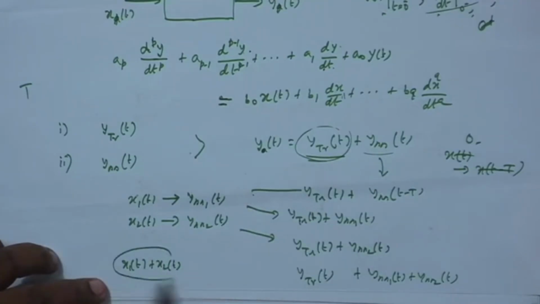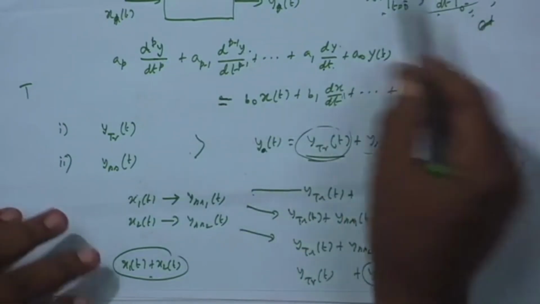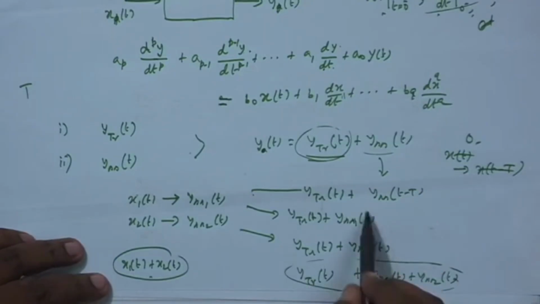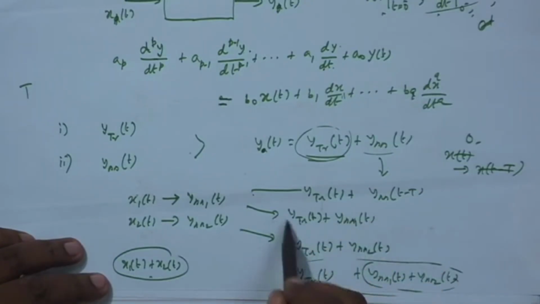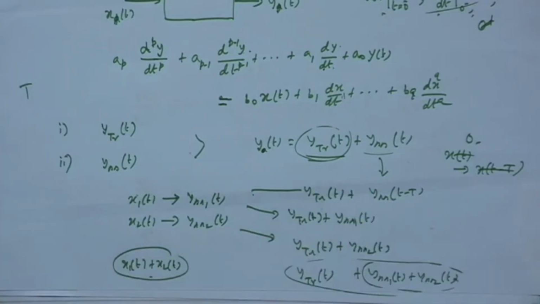So the input is now this total thing, and its corresponding steady state solution will be the summation of the previous two steady state solutions. That will get added with just one y_zi(t), derived from these initial conditions. So this overall solution is not the summation of these two, because if you add the two, it will become twice y_zi(t), but here I have only one y_zi(t). That is why it is not linear, not time invariant.